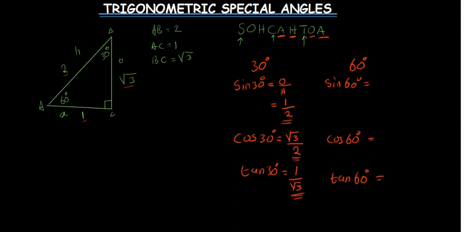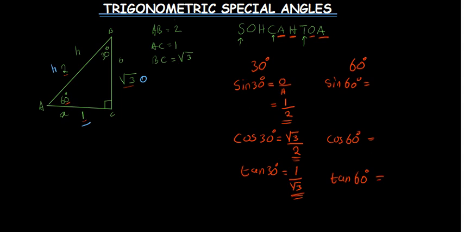Okay, so what we have here is that for this 60 degrees, the opposite is this one. The hypotenuse is this one, then the adjacent is this one right here.